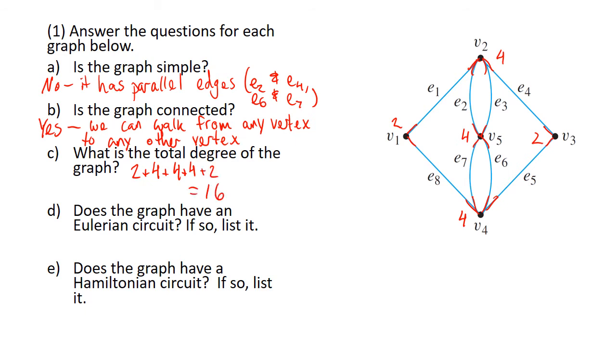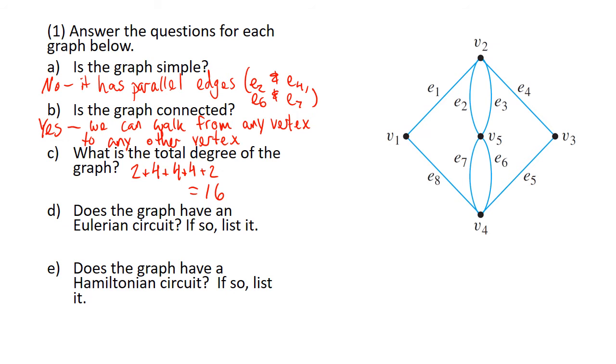All right, does the graph have an Eulerian circuit? If so, list it. So an Eulerian circuit is one where you visit every vertex and you visit every edge, and you cannot repeat edges, but you can repeat vertices. So let me see if I can find one by going around this graph. Let's see.